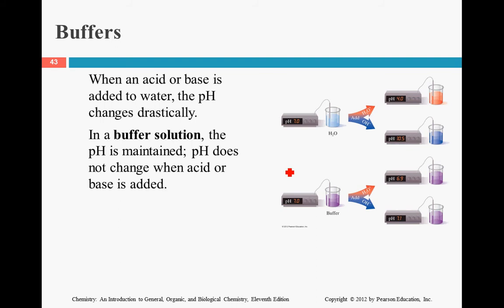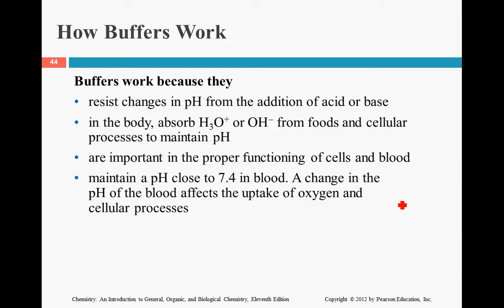When you add an acid or a base to water, the range varies quite dramatically. However, if you have a buffered solution, the range is much smaller. So what buffers do is they resist the change in pH, and we're going to explain how that happens.